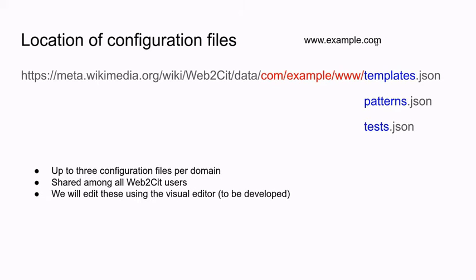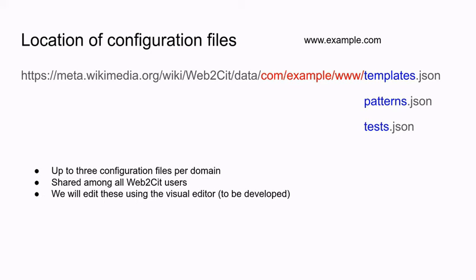So com goes first, then example goes second, then www goes at the end. If instead we had sub.www.example.com, then we would add sub at the end of the path. So it goes from the top hierarchy to the lowest hierarchy. That's the path from left to right.